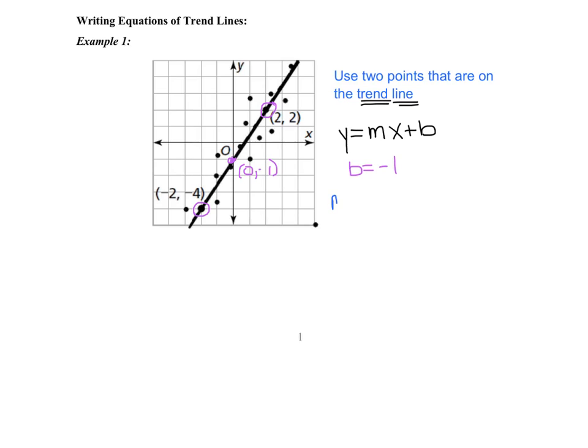Next, you want to find your slope. And in this problem, I would use the rise over run method, since a graph is given to us, it's visual. So what are we rising? We're rising 1, 2, 3, 4, 5, 6. So we're rising 6. And we are running 1, 2, 3, 4.